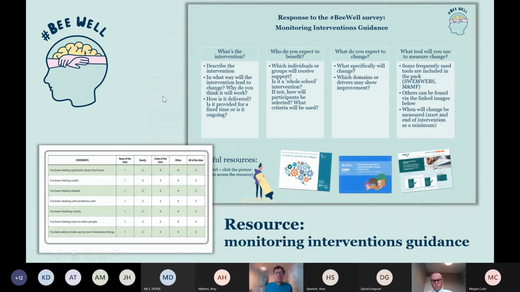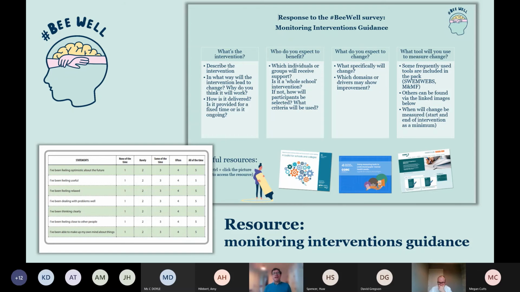Okay, so within the resources, we've got some monitoring interventions guidance. It's quite high level guidance, but within that there are links to three really helpful resources that will take you through this process in more detail than we have time to do today. These are resources that are designed with schools in mind, and that you should be able to access reasonably quickly.